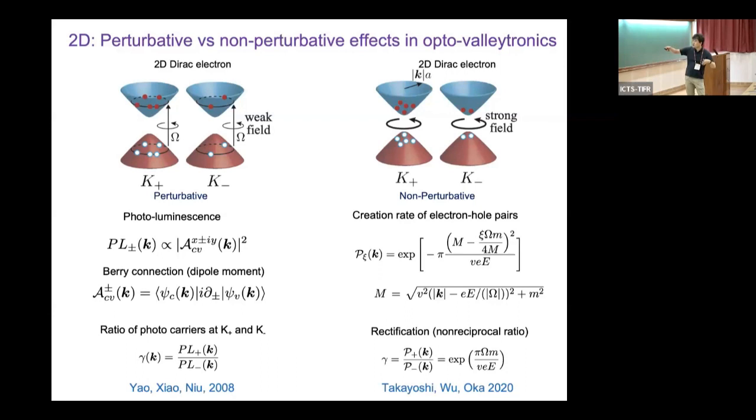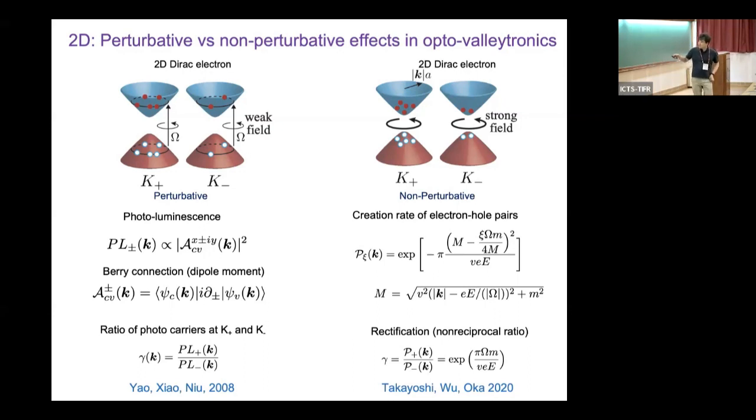Okay, so this is opto-valleytronics. You can do something like tunneling valleytronics with your laser field smaller than your gap. And then the result is kind of similar. So at your K and K prime points, the excitation will be very different. And it looks something like this. Again, we have this geometric term around here, and this will strongly modify the excitation.